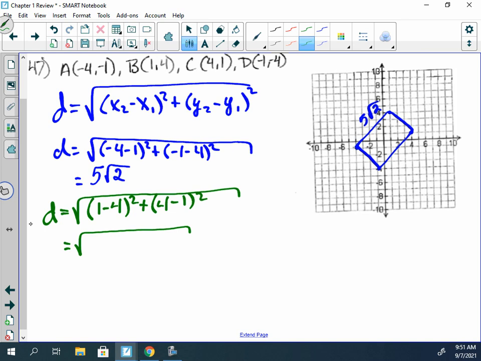Will it give you a different answer if you don't square root? Yes, because then you'll have to take that answer and then square root it. Because that would be 3 squared, which is 9, and 3 squared, which is 9, 9 and 9 is 18. And I believe for those that typed it in, you got 3 square root of 2. Yes?